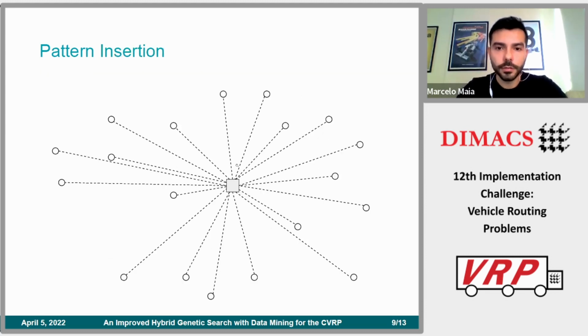Now, this is the usual way of initializing a solution in the Clarke and Wright savings algorithm, which is assigning each customer to a separate route in the solution.